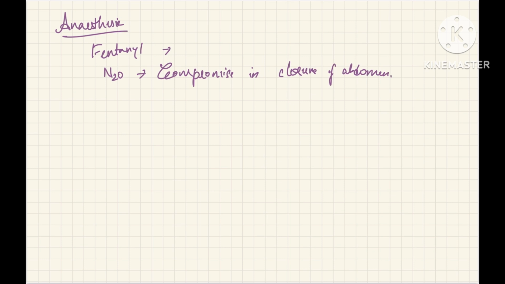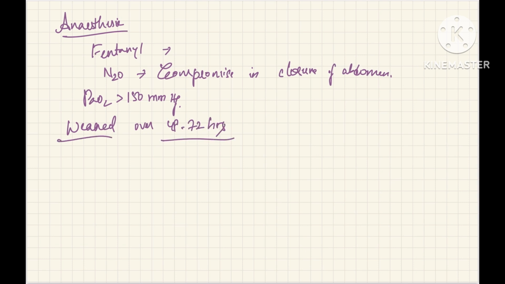Postoperative ventilation so that PaO2 is maintained more than 150 millimeters of mercury and the baby is weaned over 48 to 72 hours. Why should the patient be weaned over 48 to 72 hours and not immediately postoperatively?